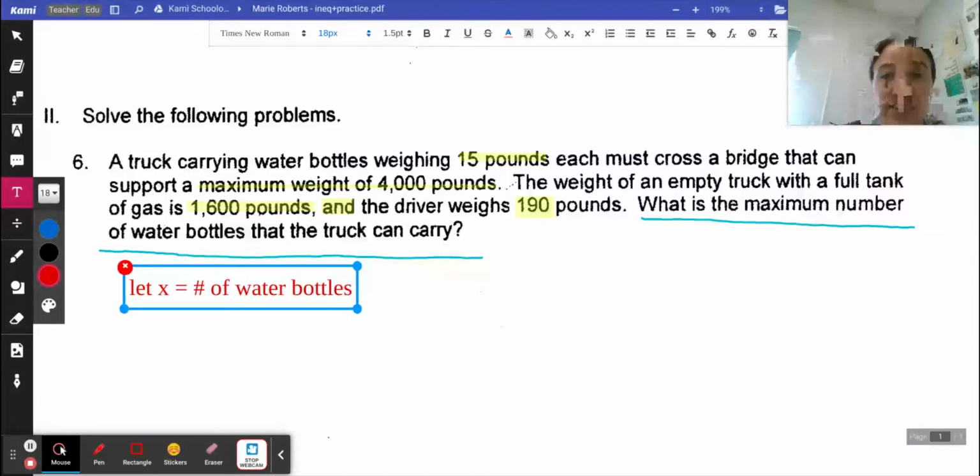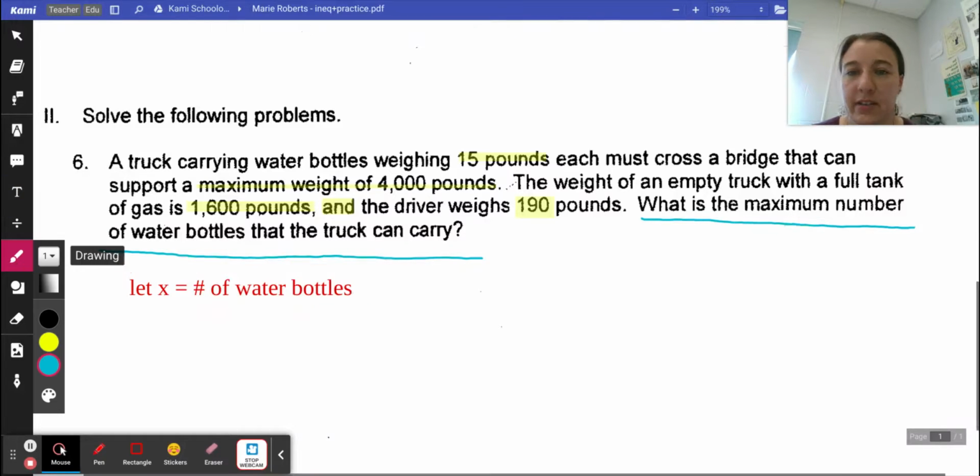So these math mistakes are costing a lot of people some time in their commute, not to mention the money for repairing the bridge. So I wonder if that guy's paying for it out of pocket, or is it covered under insurance or something? In any event, let's write down what we said.